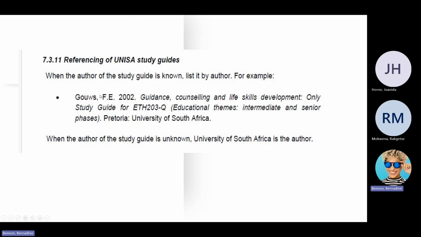You have the author, a comma, space, the initials, F, full stop, E, full stop, space, date, full stop, space, and then you have the name of the study guide. In terms of this one, it's guidance, counseling, and life skills development, colon, space, only study guide for that code, and then there's additional information there.